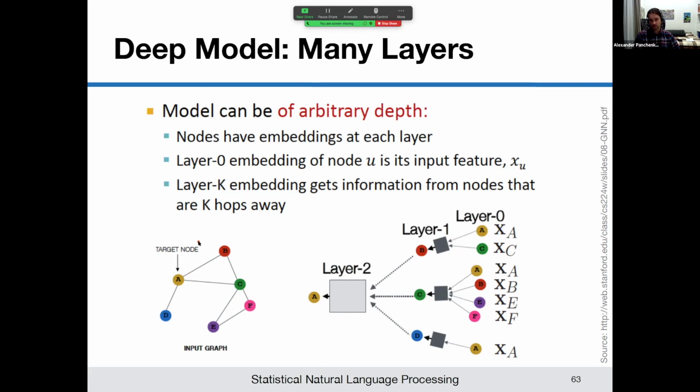This is obviously very different from images, where you cannot arbitrarily change the pixels, or the image will be destroyed. But this might be the case for graphs. So every aggregation function has to be order invariant.